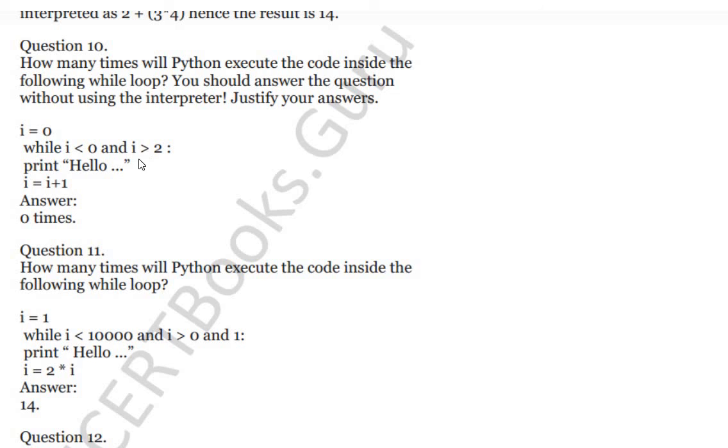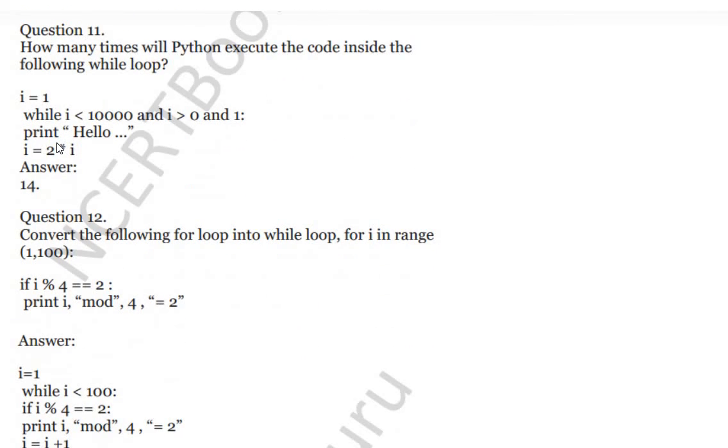Every time the value will increase by 1 and print hello, but you will see I will never be less than 0, so how many times will it execute? 0 times.